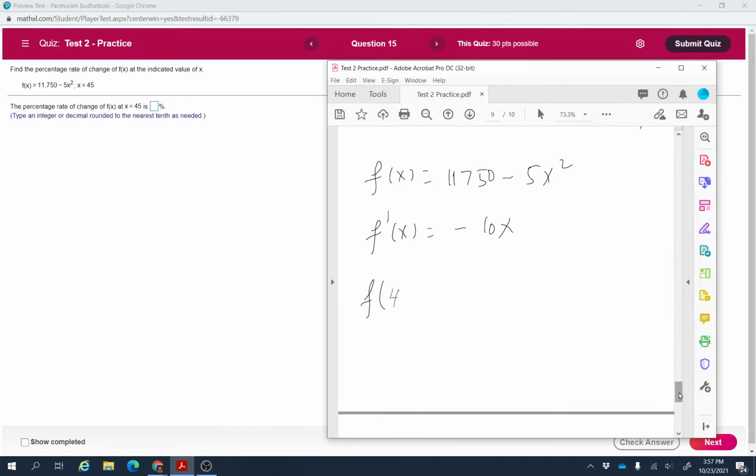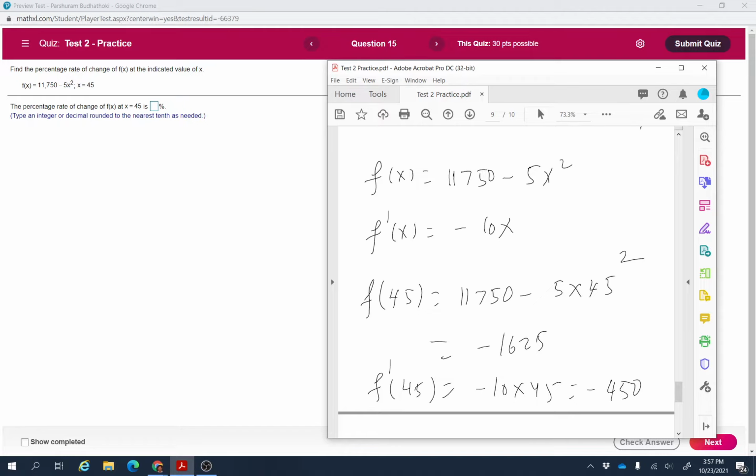So the value of the function at 45 is 11,750 minus 5 times 45 squared, which, if you use your calculator, let me just use my calculator here, that is 45 squared times 5, and that is subtracted from 11,750. That will give me negative 1625, and value of the rate of change at 45 is negative 10 times 45, which is negative 450.